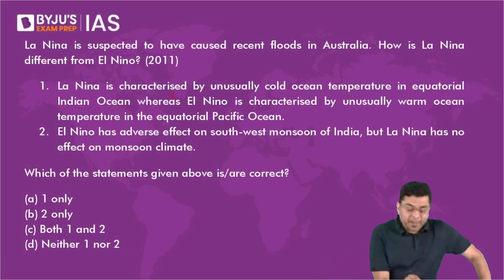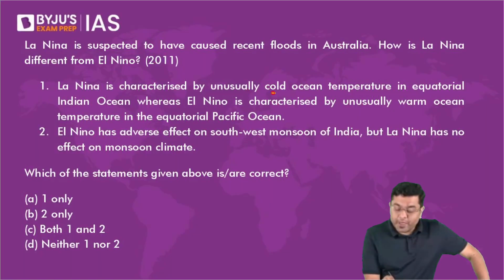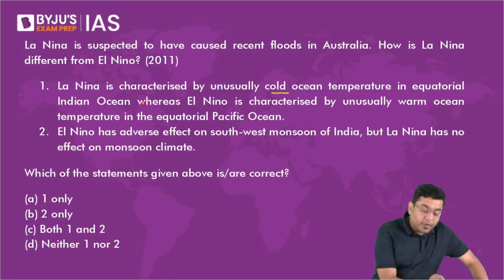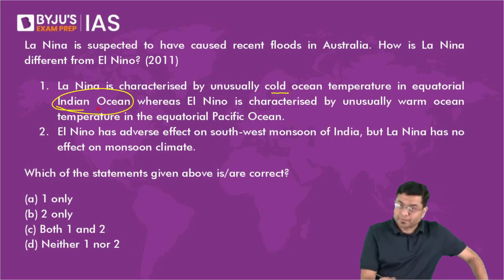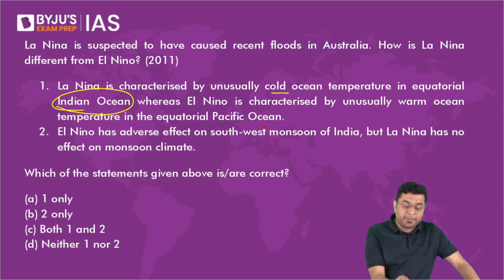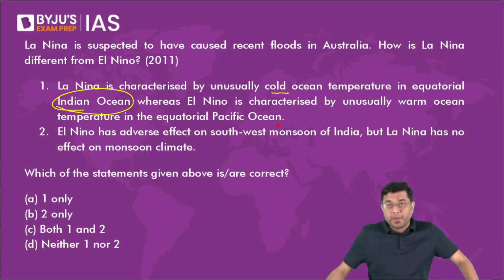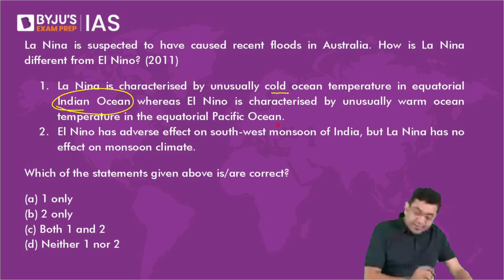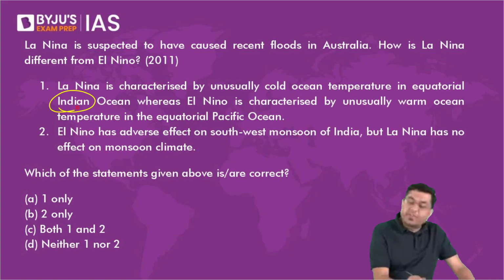La Nina is characterized by unusually cold ocean temperature in the equatorial Indian Ocean, whereas El Nino is characterized by unusually warm ocean temperature in the equatorial Pacific Ocean. Is that correct? Can that be correct? Anyone who says that is correct? No. It is just one word that UPSC played with.